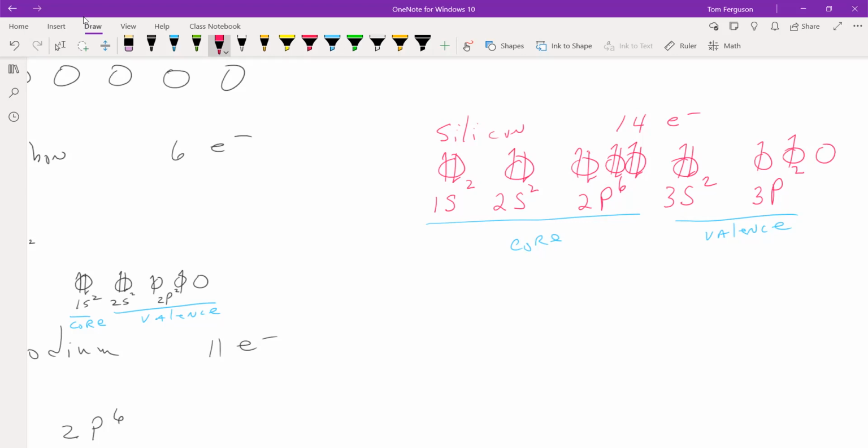So again, when we fill these in, we have to account for the most stable orbitals first, which are those low shell numbers. Now, uranium is going to be at shell 7. That means you have to account for the 1s, 2s, 2p, 3s, 3p, 4s, 3d, 4p, 5s. All those are going to be filled in as we come up with 92 electrons.